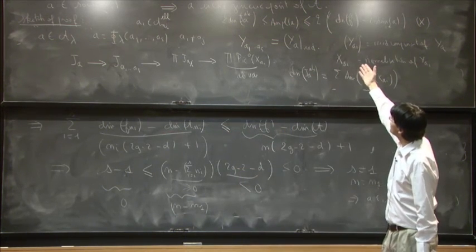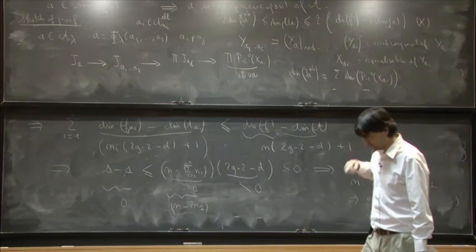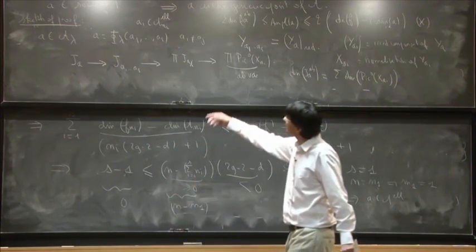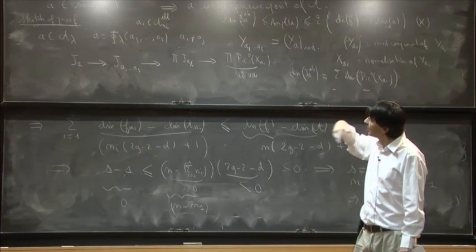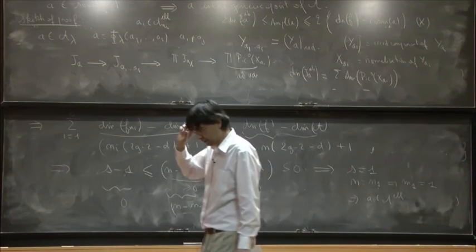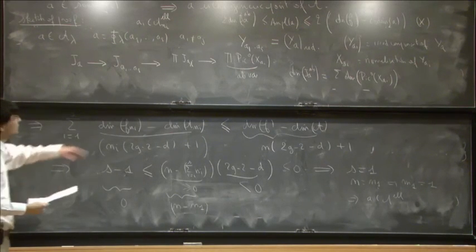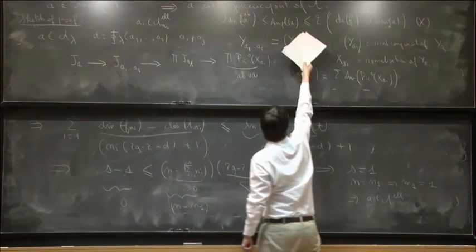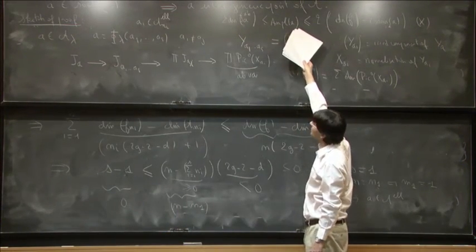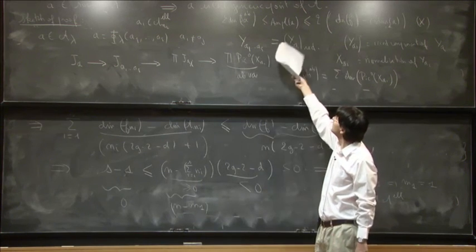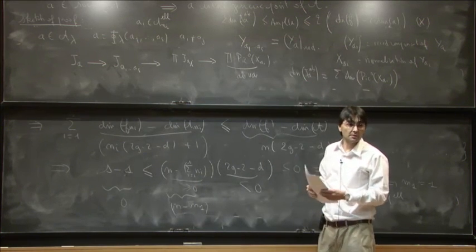So you are in a case where the local system attached to A appears in higher degree in the cohomology. So we know that each time we have equality here, this means that the local system attached to A and the maximal of the occurrences appears in top degrees.